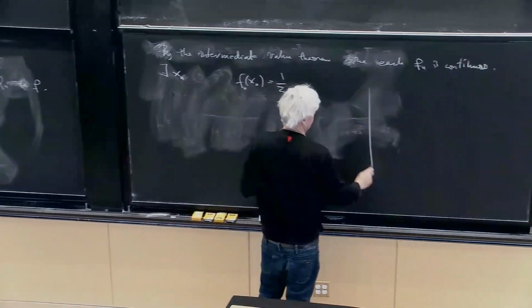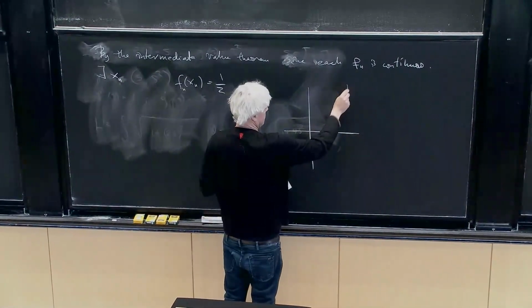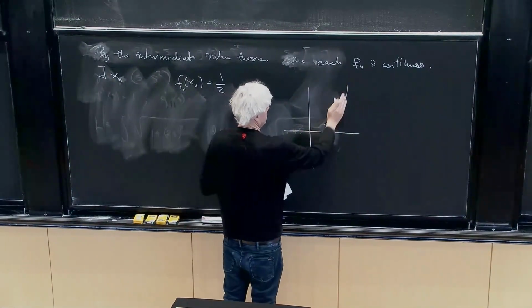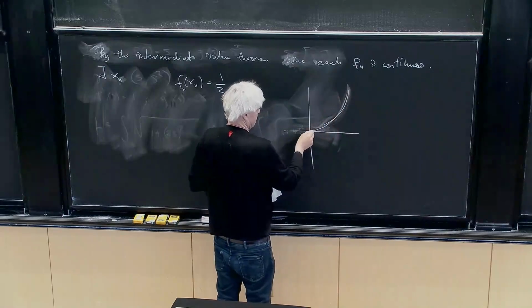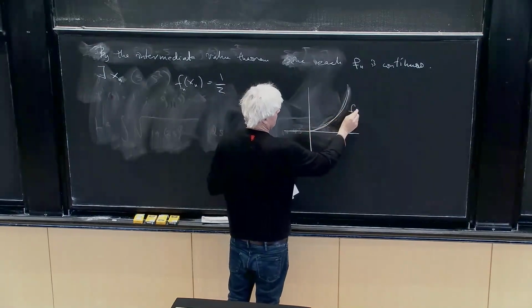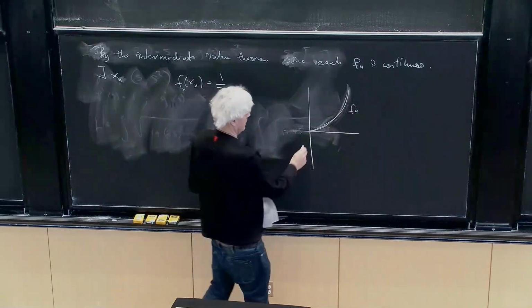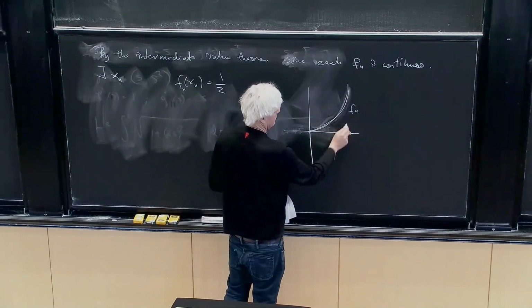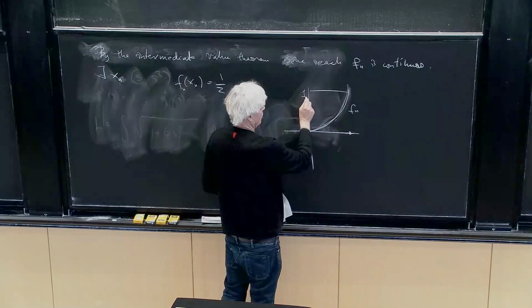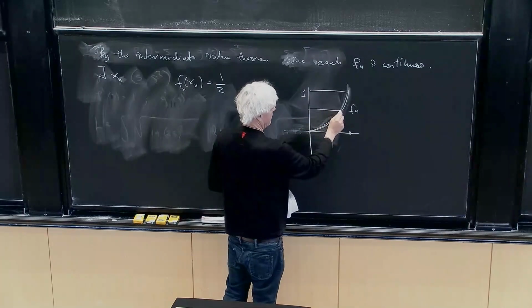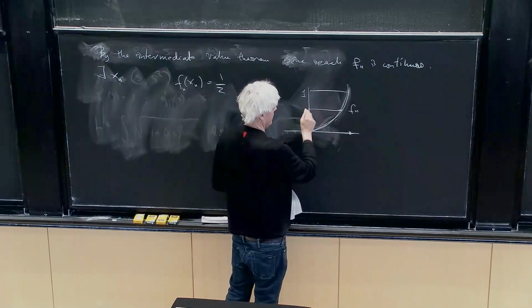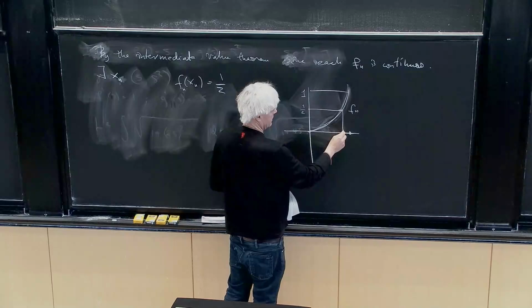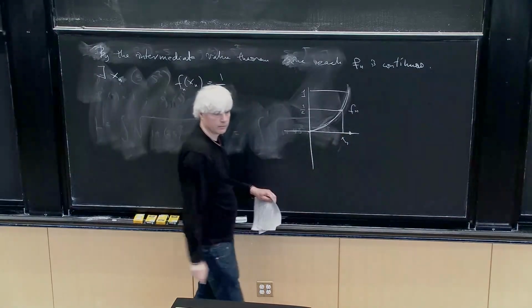This is the function fn. At 0, it takes the value 0. At 1, it takes the value 1. So there is somewhere where a half is achieved, and this is at this point.